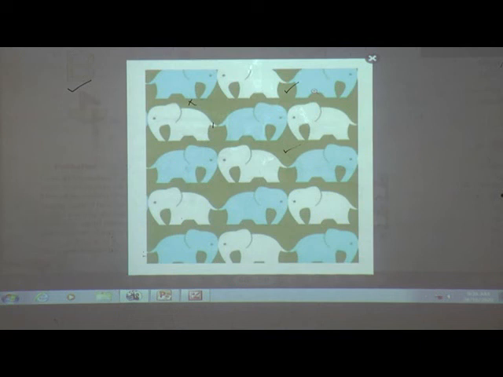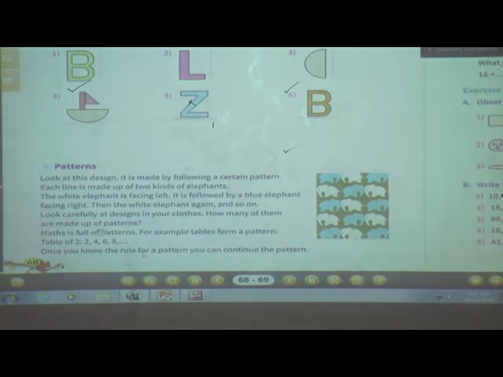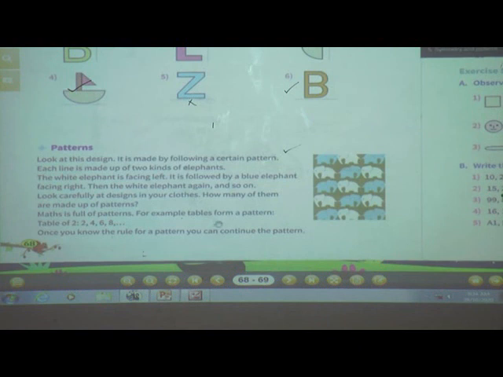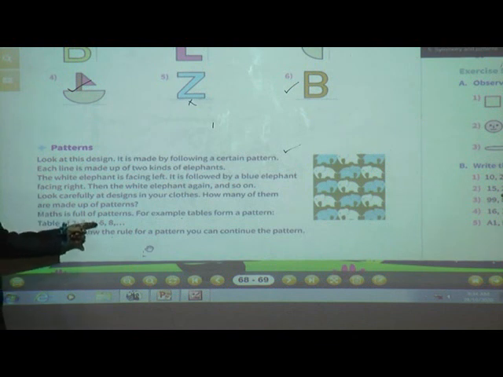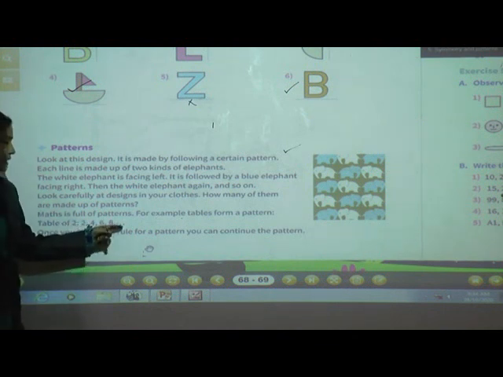Okay. Look carefully at the designs on your clothes. How many of them are made up of patterns? So you can observe patterns on your clothes also. Now, maths is full of patterns. For example, tables form a pattern. See, the table of 2: 2, 4, 6, 8 and so on.